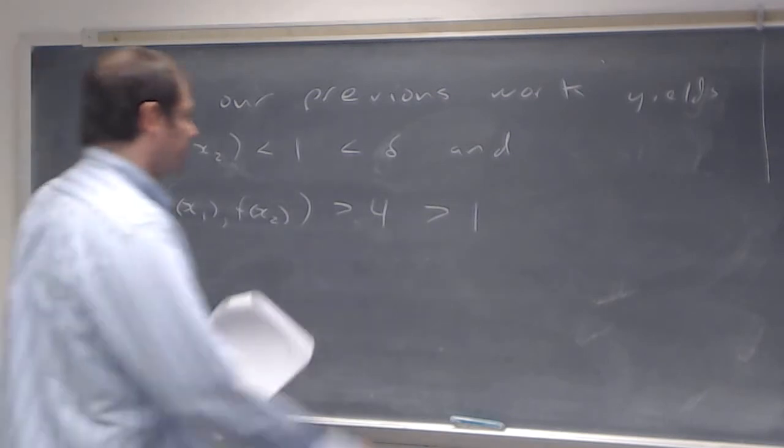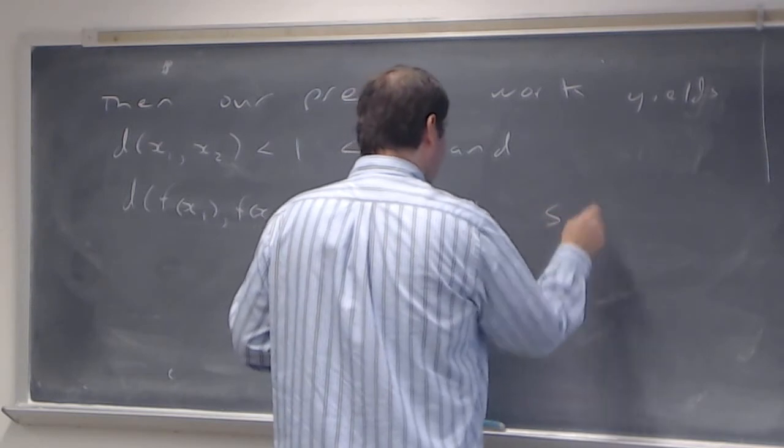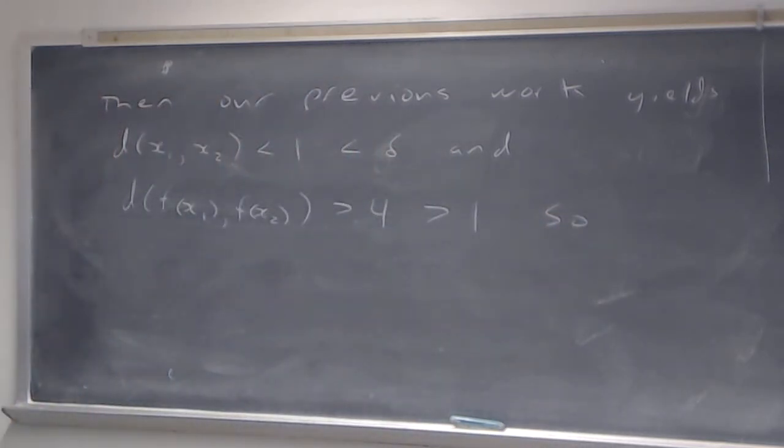And so, in all cases, we find that we can find points x of 1 and x of 2 such that no matter what delta you gave me, they were within delta units of each other, but their output values are not within 1 unit of each other.